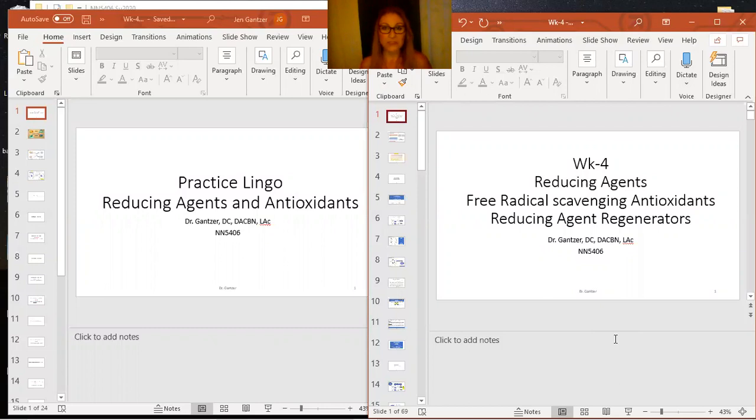So a little bit of the lingo, we need to remember that when we talk about free radicals, those are molecules that have lost their outer electron and are very highly reactive. And if we recall, they'll react with basically anything that they can steal an electron from.